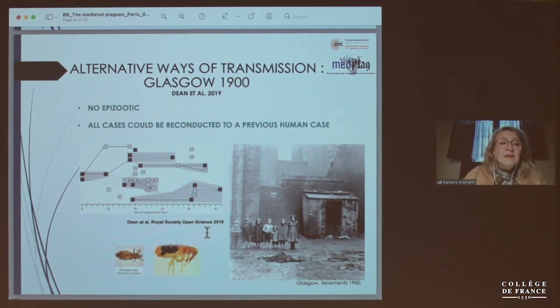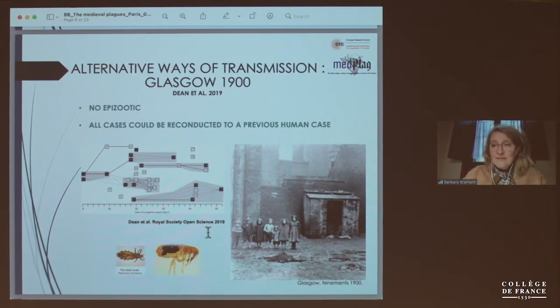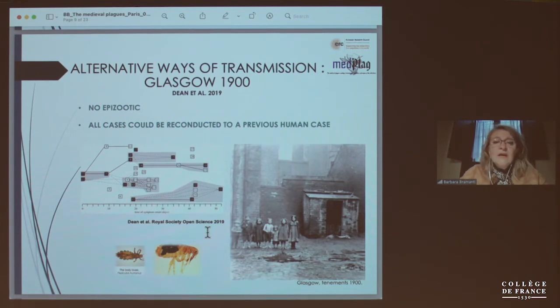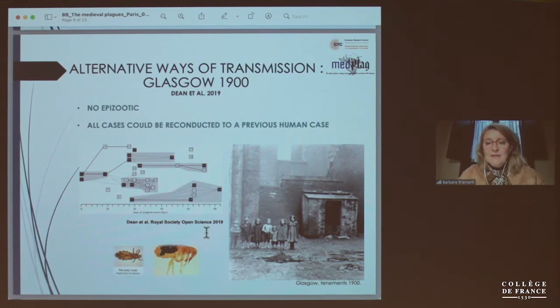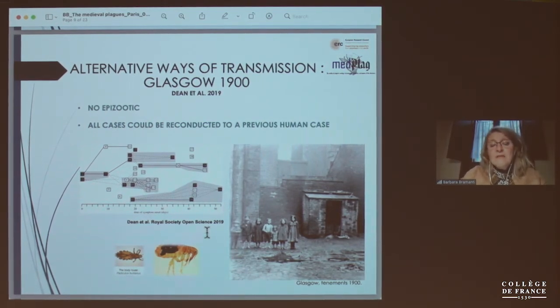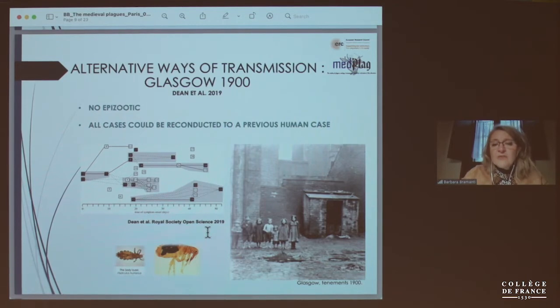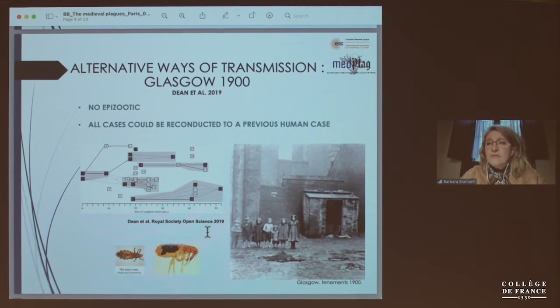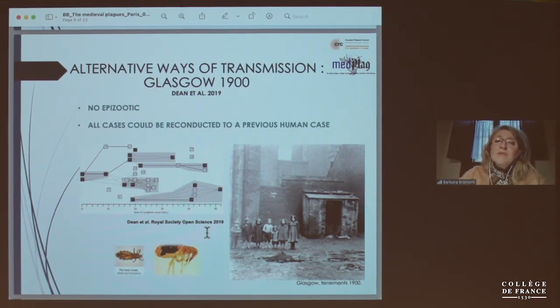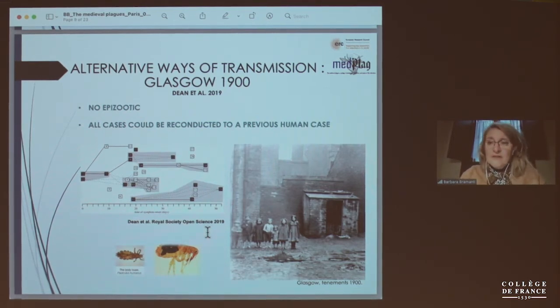For instance, the body lice and Pulex irritans. Pulex irritans is not exclusive to humans, but anyway, it is the major flea present in humans. And we have a lot of interesting reports about the living conditions of the people at that time, but also about the presence in the schools of ectoparasites. They were all infested by ectoparasites in that period.